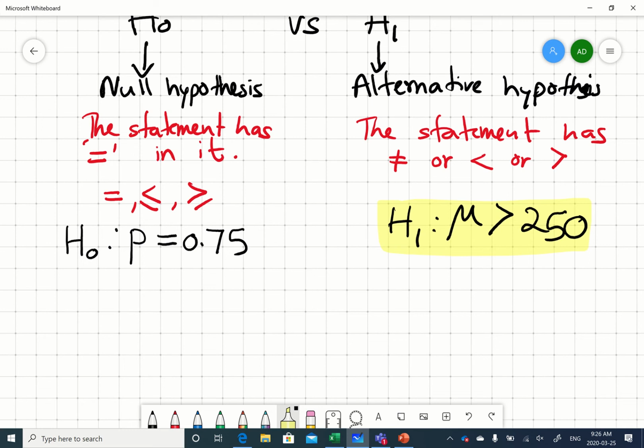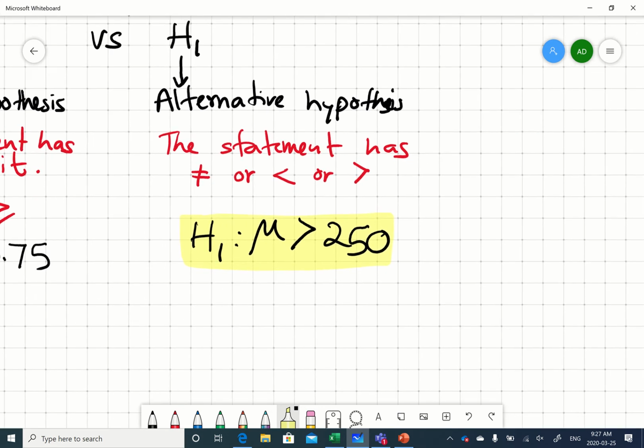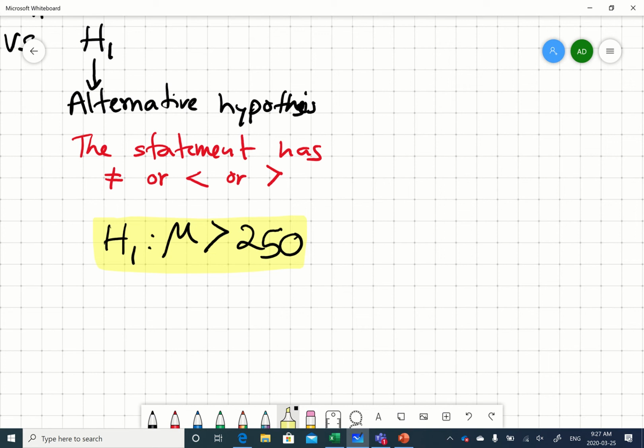So once you figure out that it's an alternative, you have to build its corresponding null. If this is an alternative, your corresponding null should be the complete opposite of it, meaning less than or equal to 250. So this is your step one.